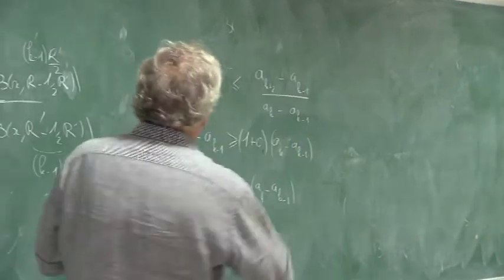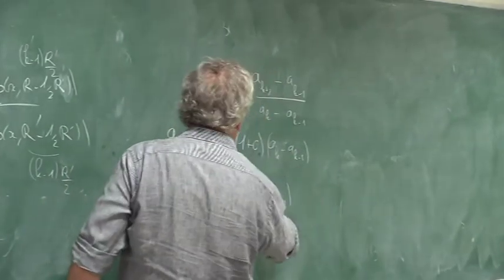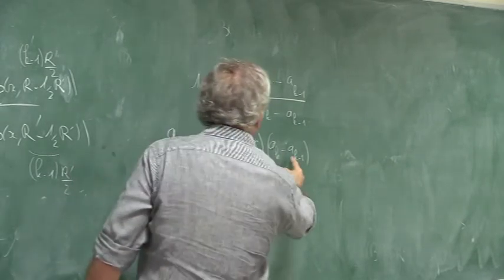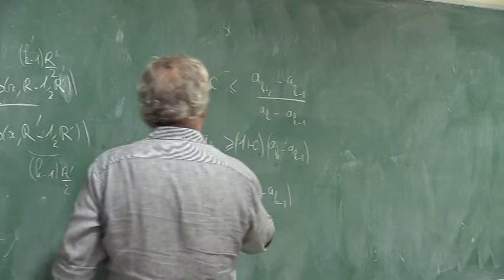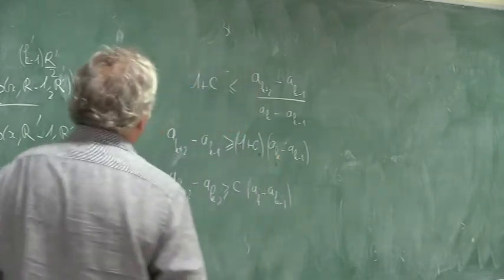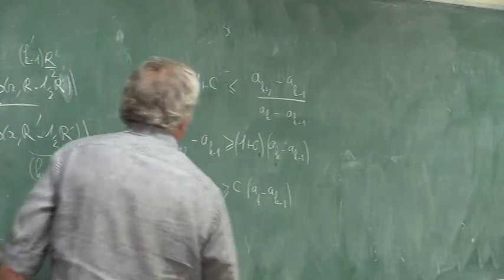So there is C times this quantity, which appears here, and 1 times this quantity, which I switch to the other side, and the minus A_{K-1} will become a plus, cancel this one, but it will be replaced by minus A_K. And we have a beautiful equation.